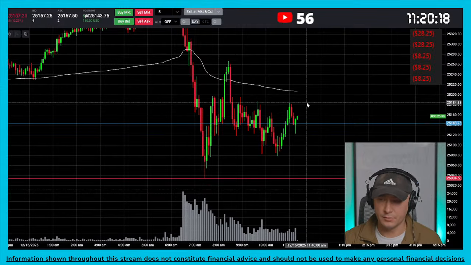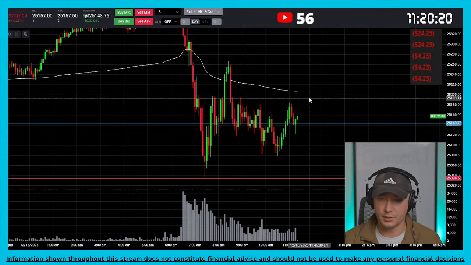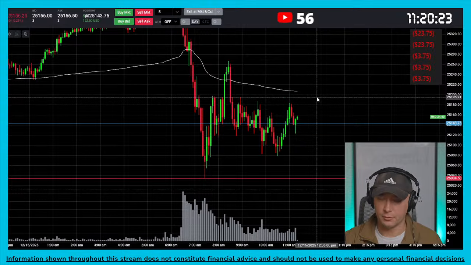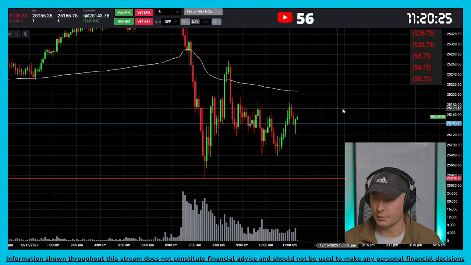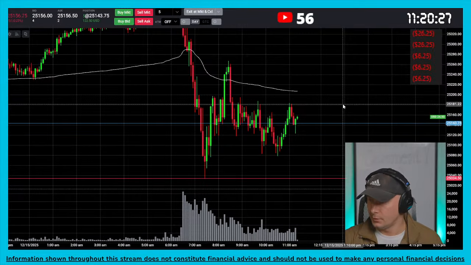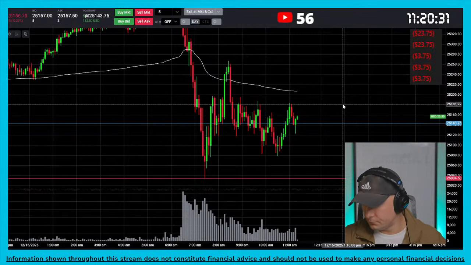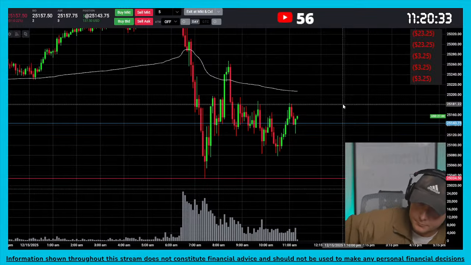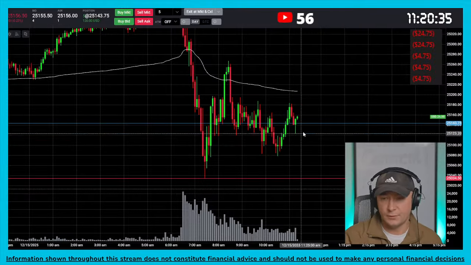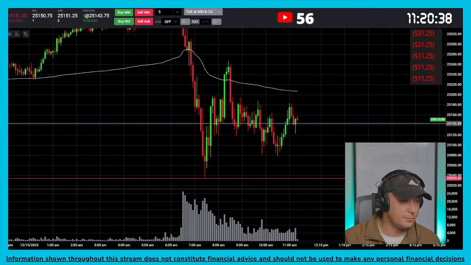Because one micro, even if it comes right back up to the top of this range, one micro makes a little over $100. So far, that was a good bounce, good hold so far.